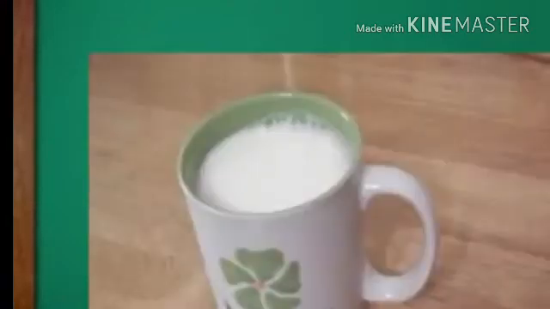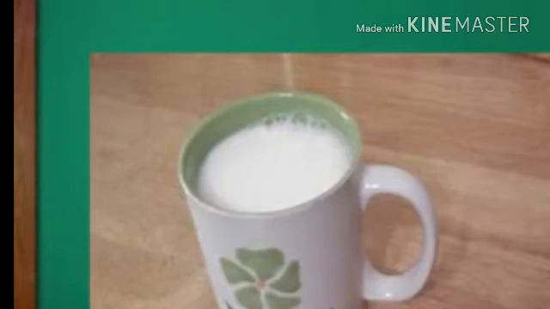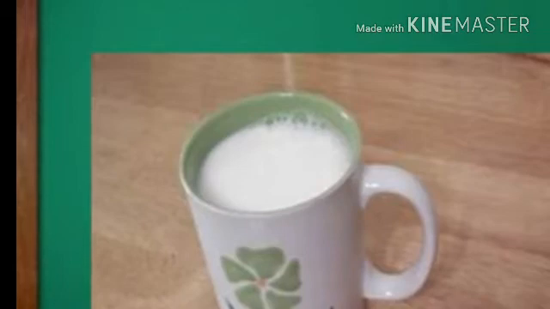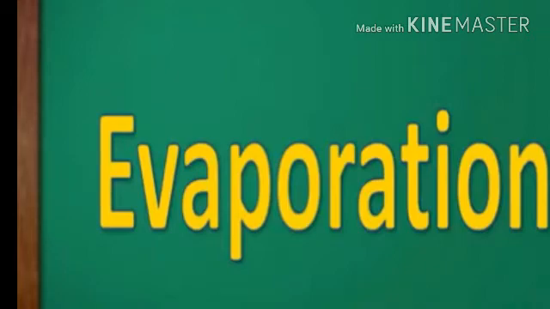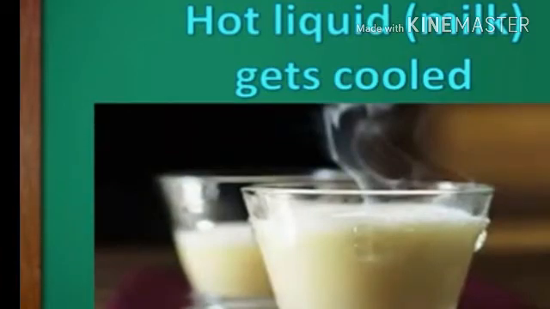Let us take milk. When you take milk in a cup, you are able to see the warmness. The warmness is because of evaporation. So evaporation of liquid takes place even from a hot object, right? Even tea or hot liquids, when they cool, also show vapor.